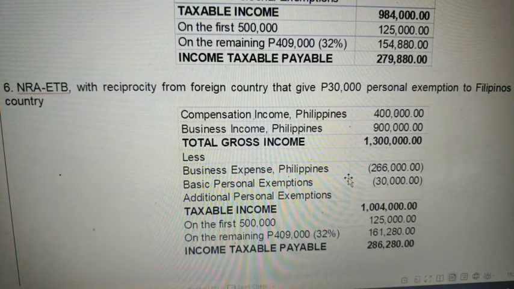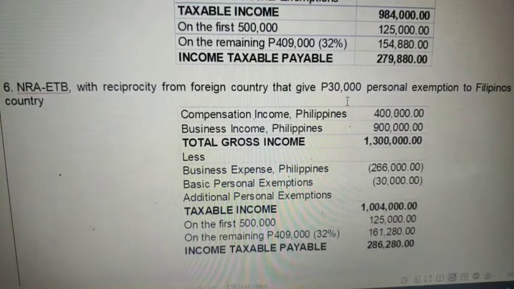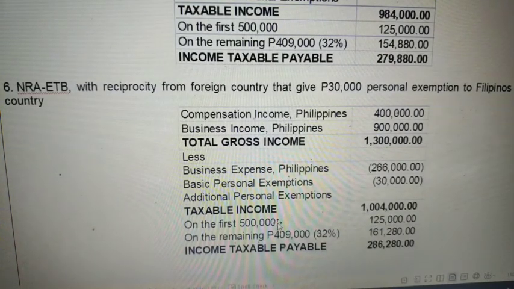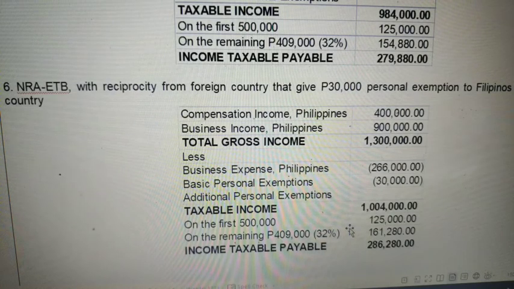Pero kung below 50,000 siya, kung ano yung nailagay na reciprocity from that foreign country, which is pareho nitong problem na 30,000, 30,000 lang yung ibibigay mo.